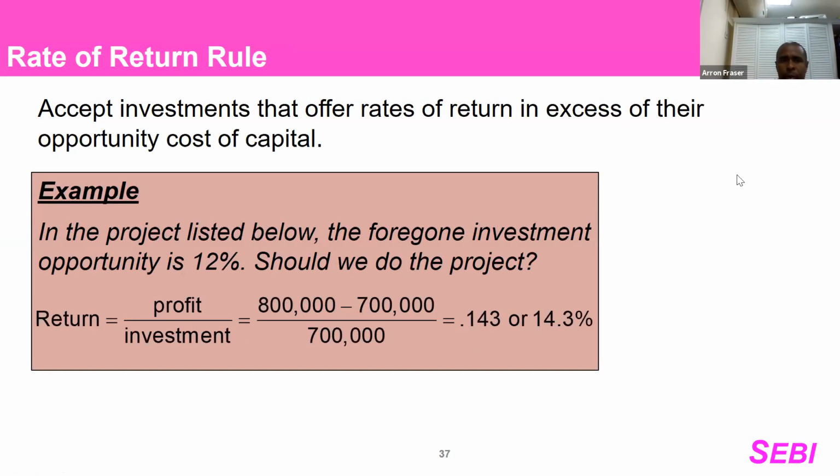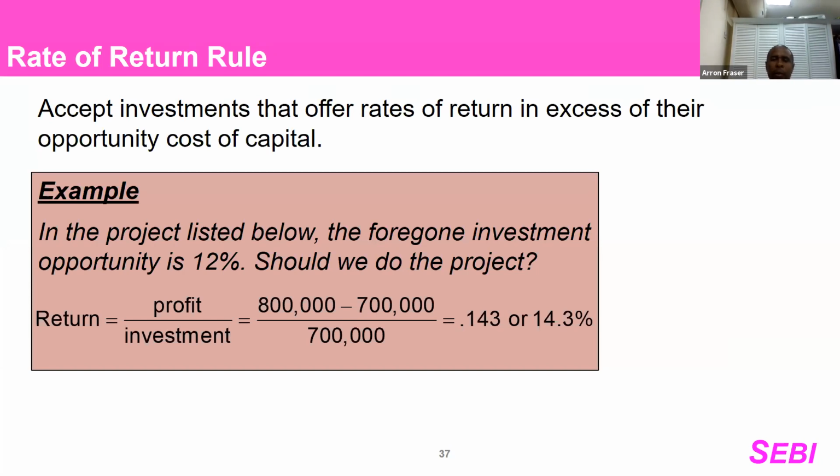And then the second rule, on the rate of return: you accept investments that offer rates of return in excess of their opportunity cost of capital. Again, in this example, we're using the same 800,000 and 700,000.